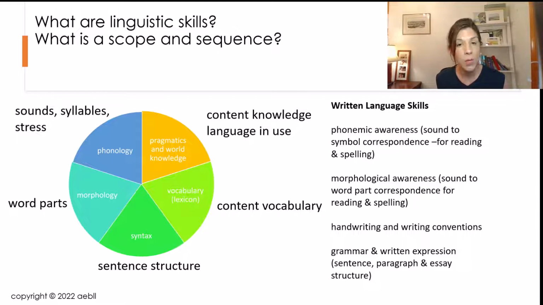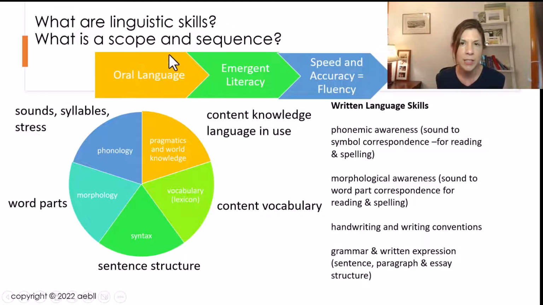Okay, and that's what I'm here to help you with. When we think about our scope and sequence, we're thinking about starting with oral language, going into emergent literacy, that's the phonemic awareness and the other skills that I just described. As we merge oral language and emergent literacy, we want our students to become faster and more accurate.